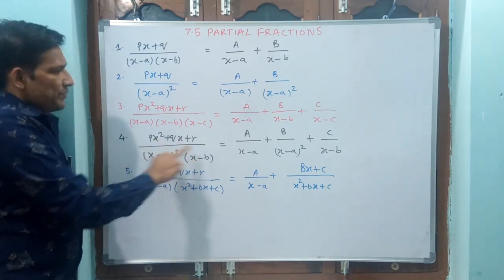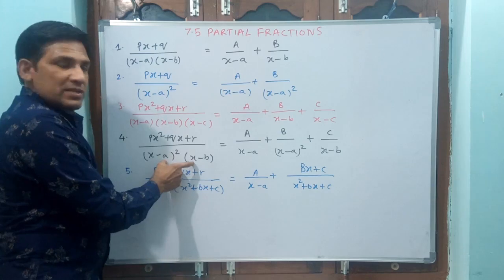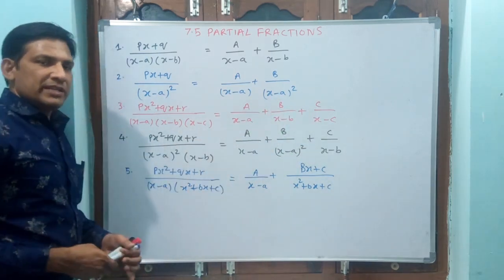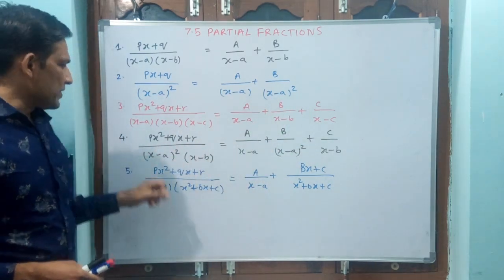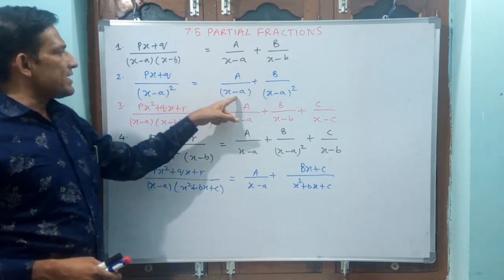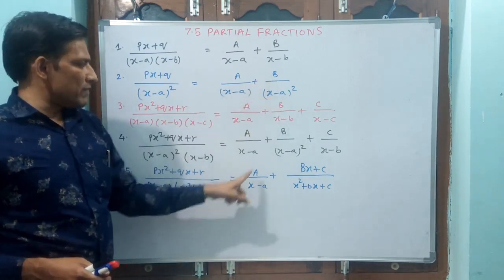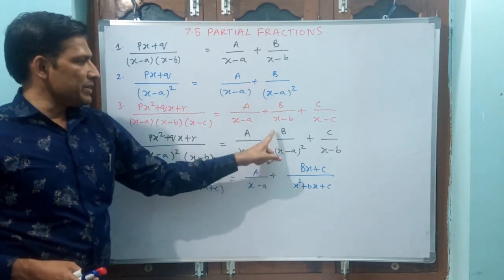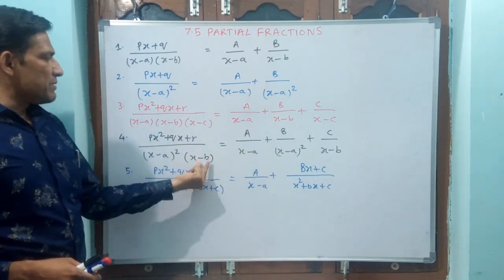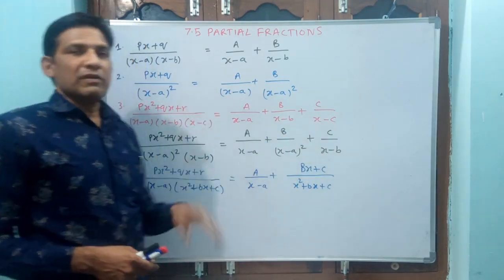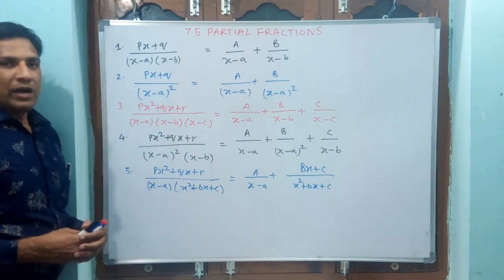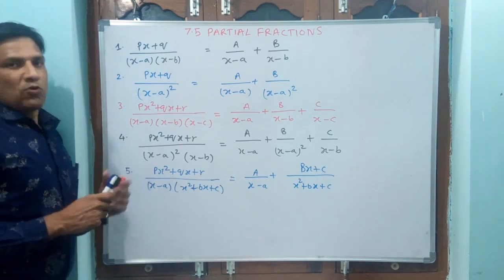Okay, see, anyway here cubic is there, 3 factors will come, 3 times you have to split it. A, b, c will come. See, like x minus a whole square, earlier x minus a, x minus a whole square will come, first a and b, but additional x minus b is there, then c by x minus b will come. Okay, this you have to understand.